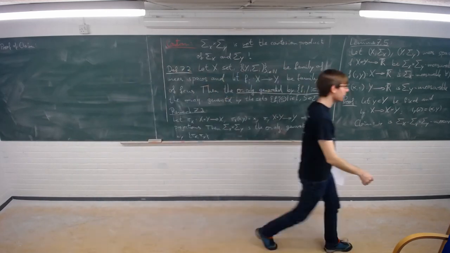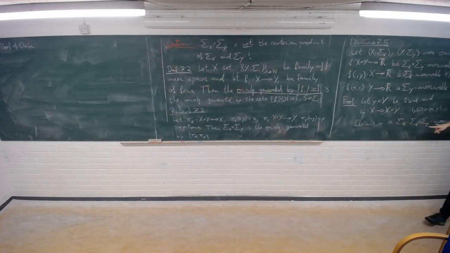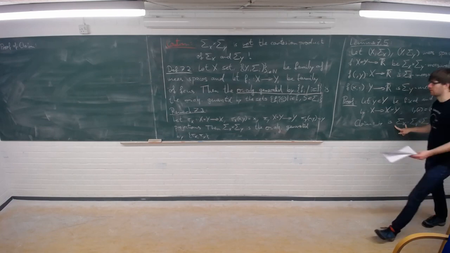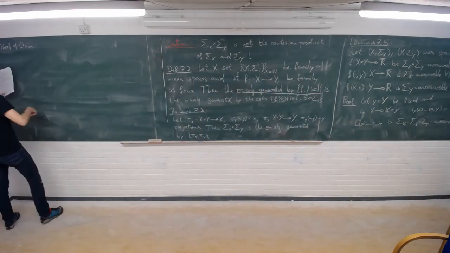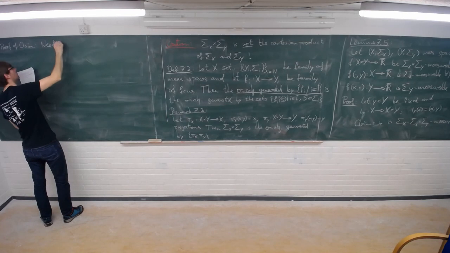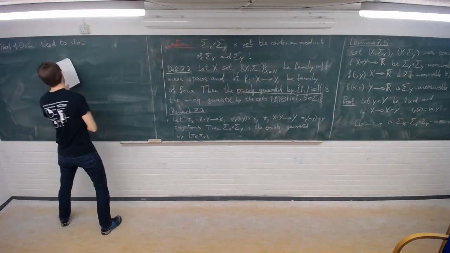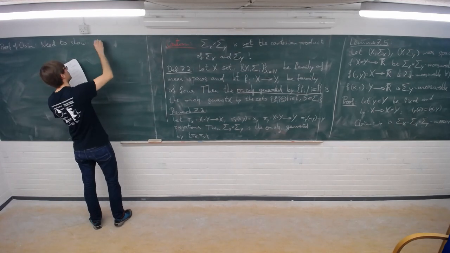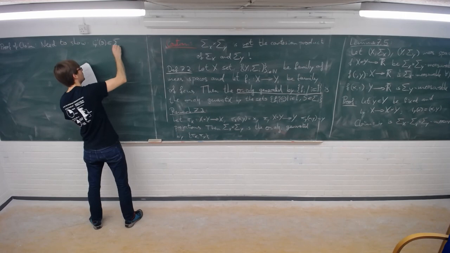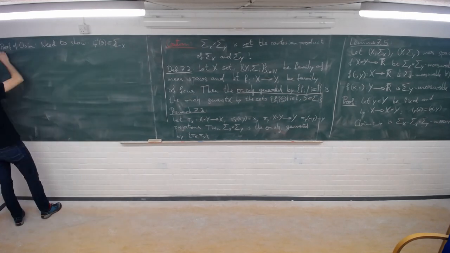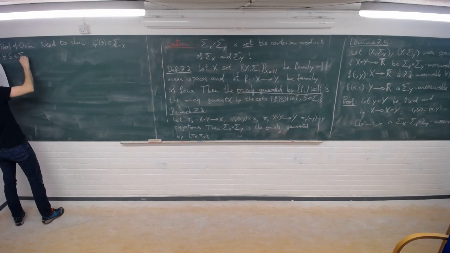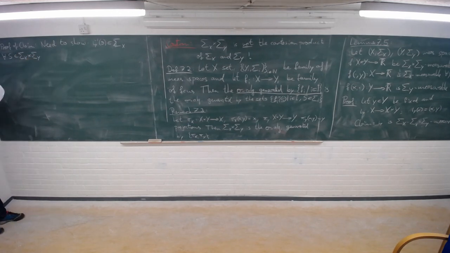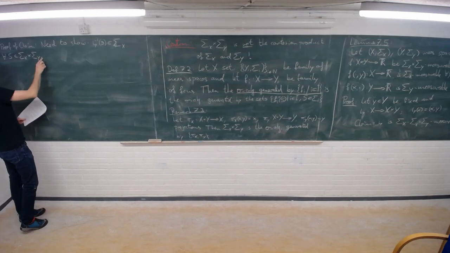Okay, if we go back to the definition of measurability, what do we have to prove? We have to prove that the pre-images of sets in this product sigma algebra are elements of sigma X. So we need to show iota y inverse of S is in sigma X for every S in sigma X times sigma Y. Okay, and we're going to do this by a very similar strategy to the proofs in section 6.